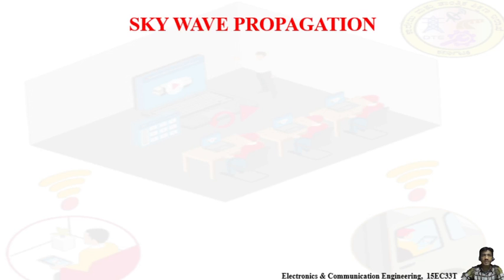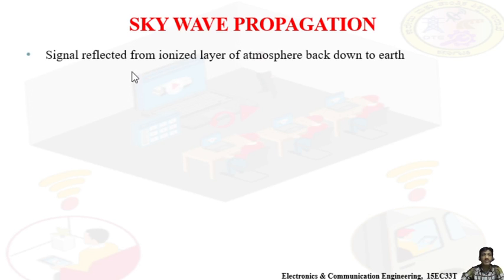The next is sky wave propagation. In this case, the signal is reflected from the ionosphere layer of the atmosphere back down to Earth. I already explained the ionosphere layer at the start. The ionosphere layer means from Earth's surface up to 80 to 720 kilometers away from the Earth's surface.